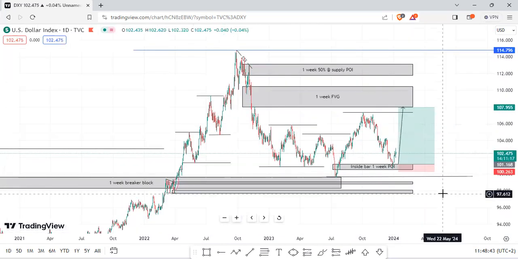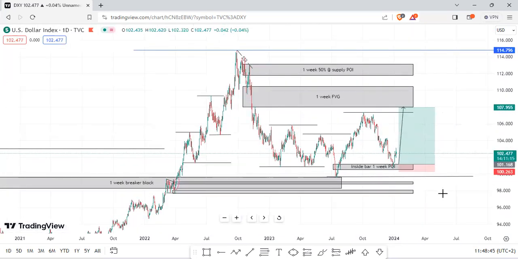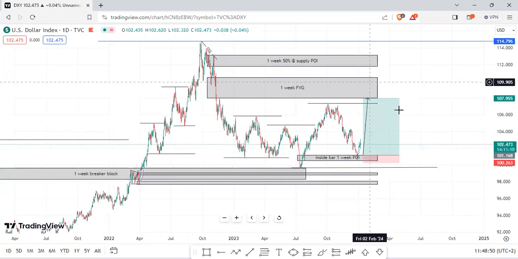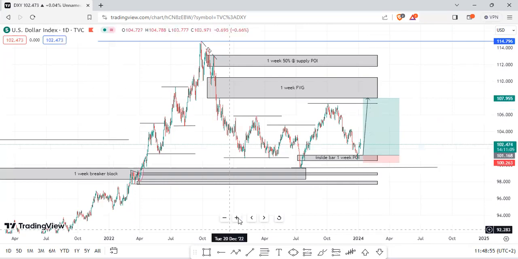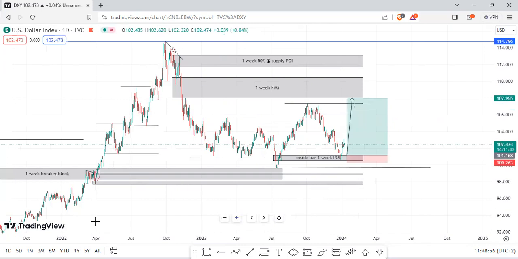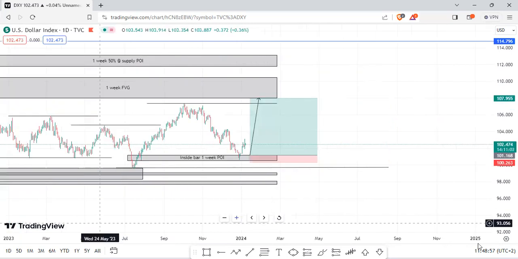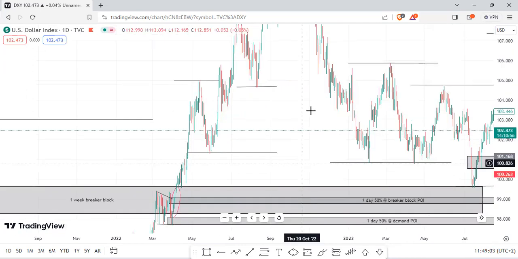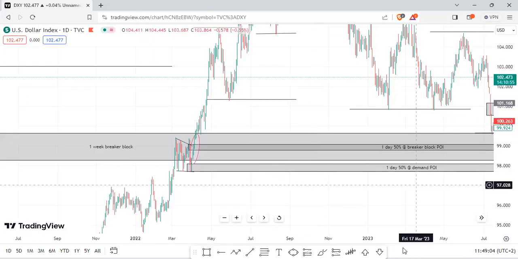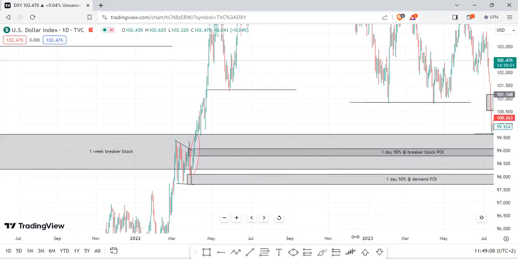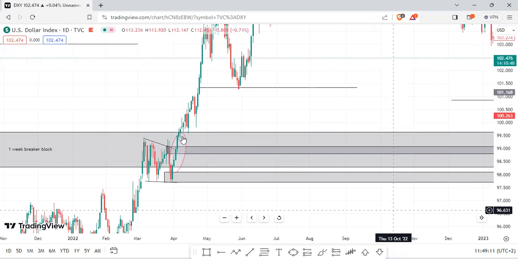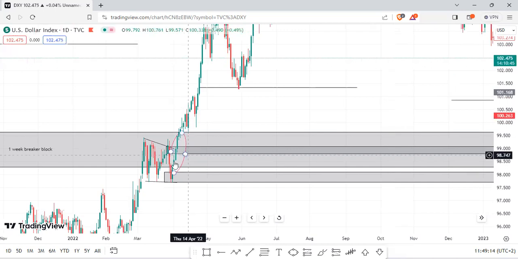And the reason I would like to see the DXY go up and then back down is that I have something that I would call a POI here. Forgive me with the emails. Something that I would call a POI, a serious area that I've marked up.